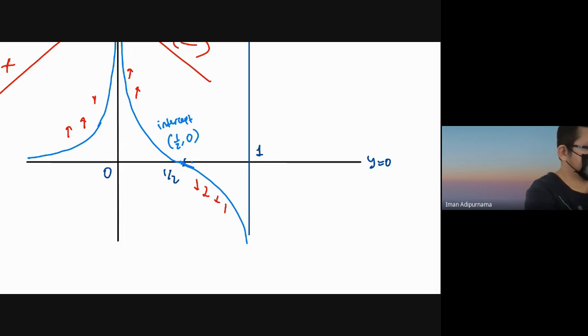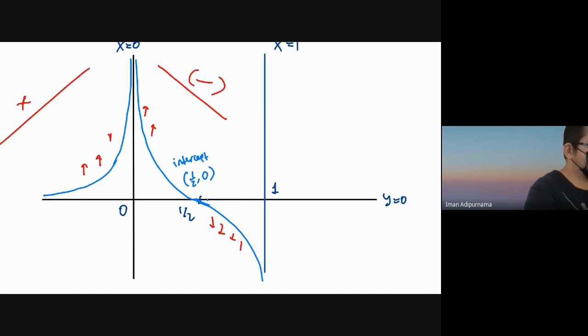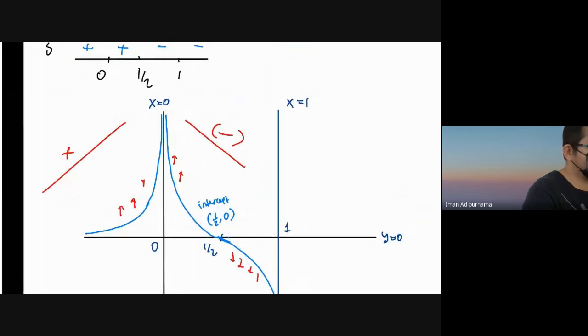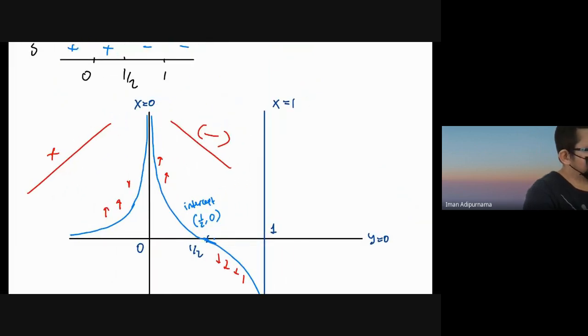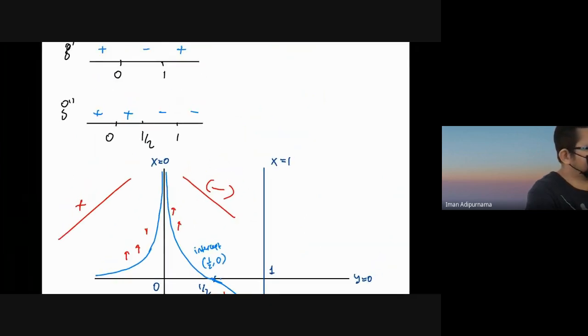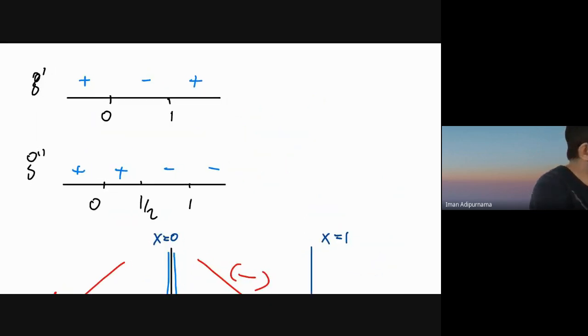Okay. And then the last one, if you look at after x equal 1, it's concave downwards, but in the increasing decreasing path the slope is positive.